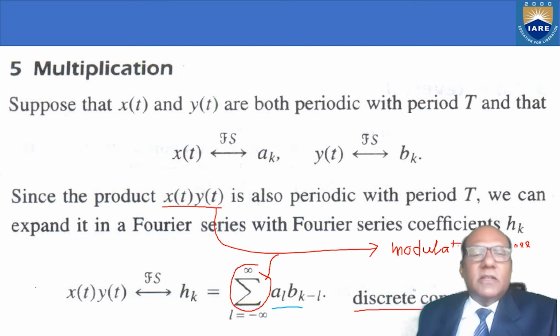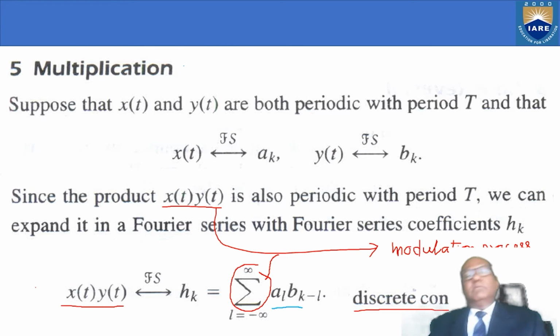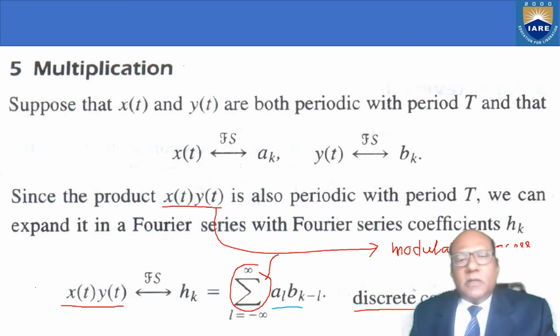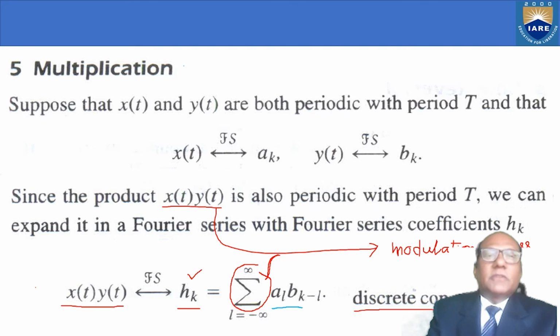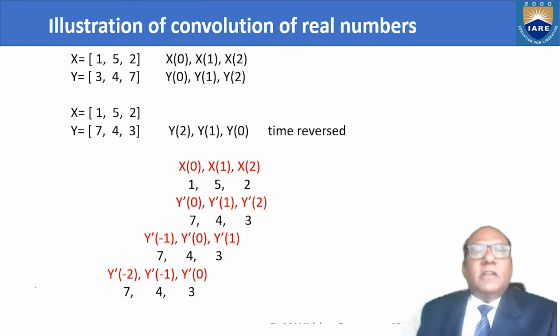Because these are continuous time signals, but the coefficients A k and B k are discrete values, correct? That's why here you get discrete convolution. Otherwise, actual convolution means you have to go for integration. I won't go into details, but I can call this multiplication a modulation process, some kind of modulation process. And I will illustrate now what convolution is.